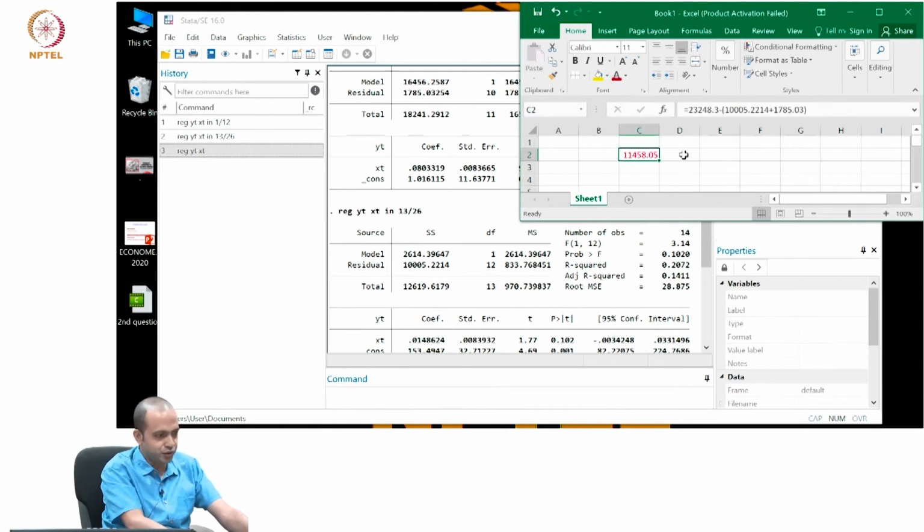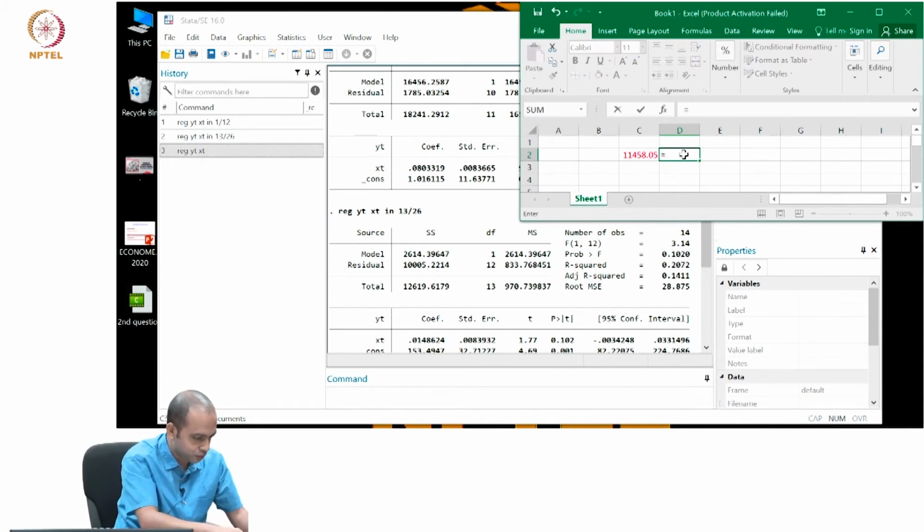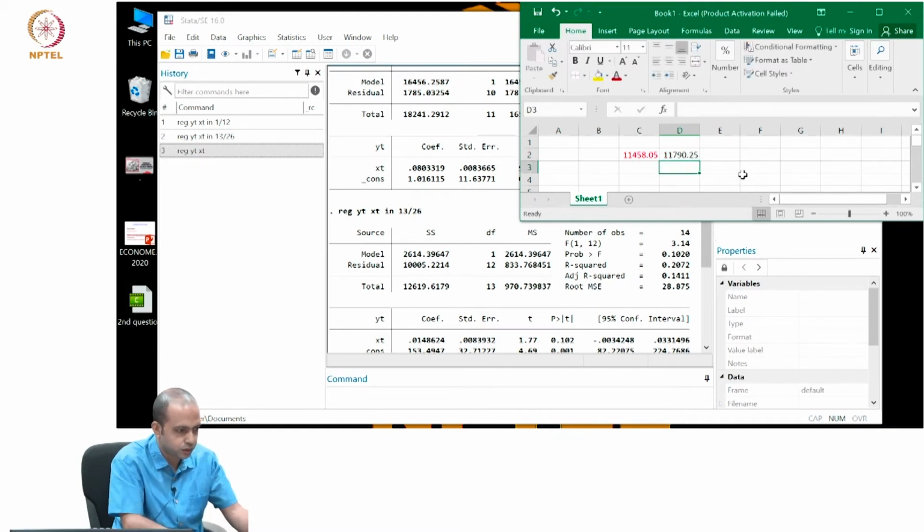And this you have to divide by RSSUR, which is the unrestricted, which is again equal to 1785.03 plus 10,005.2214. Okay.